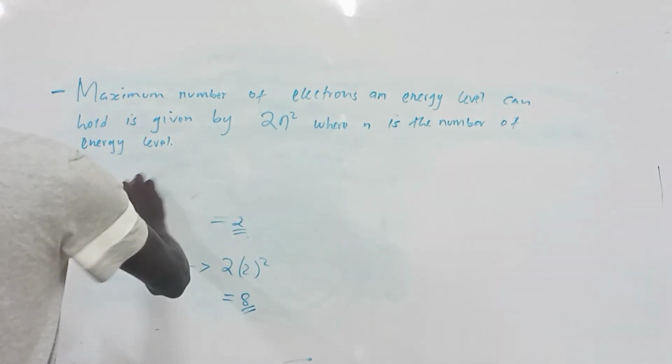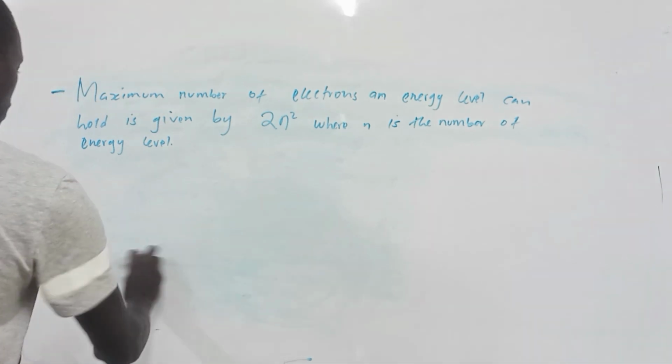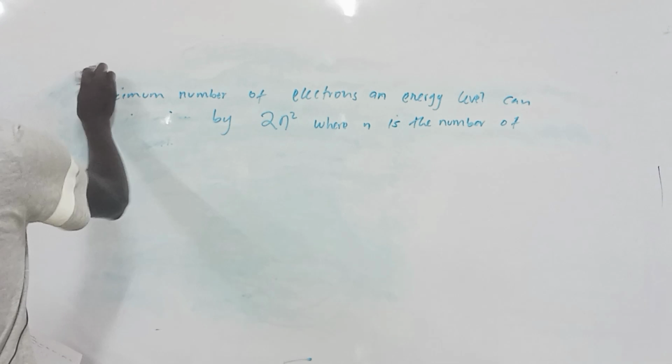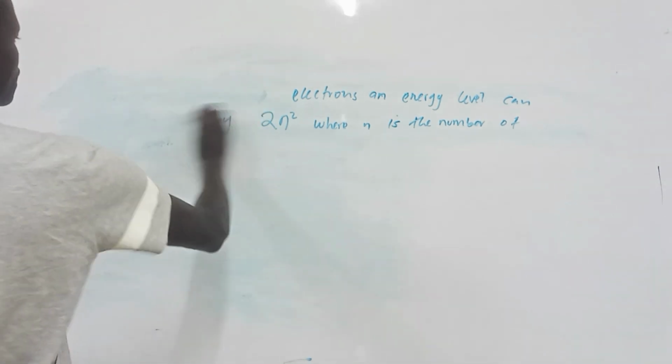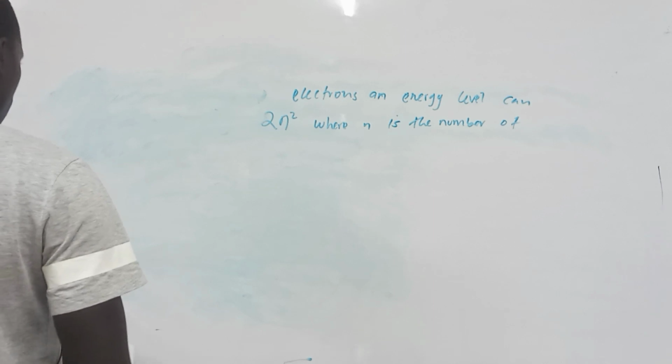So let's go further and see the electron arrangement in the first 20 elements of the periodic table.